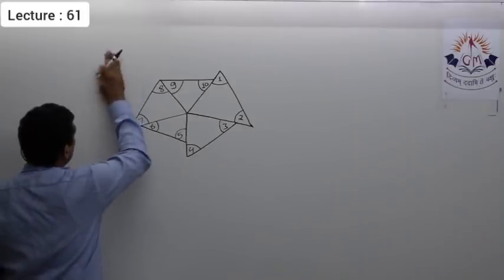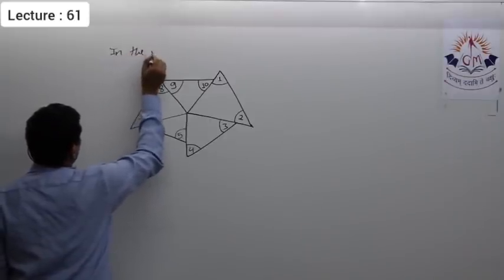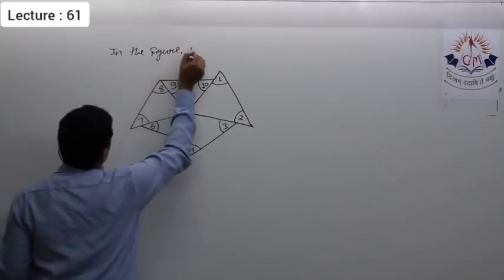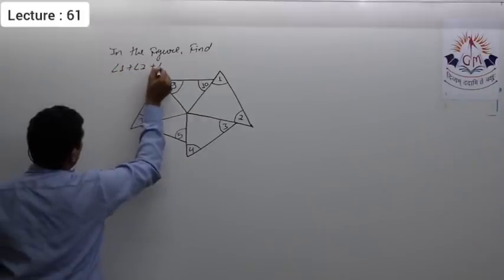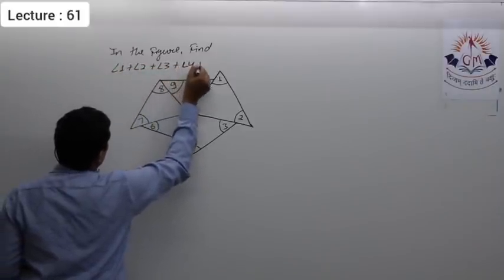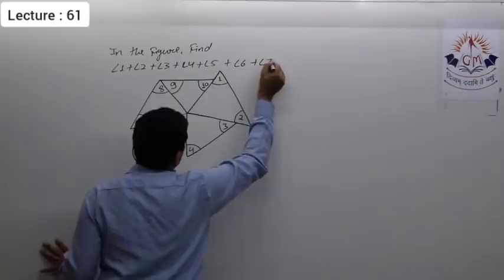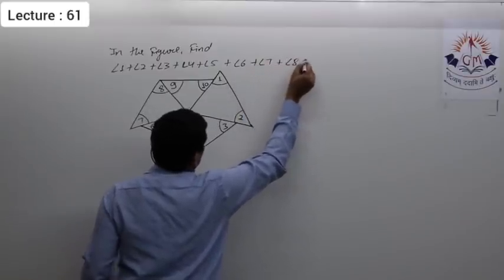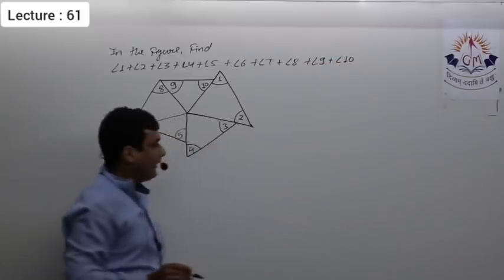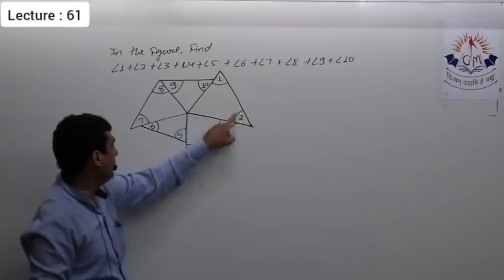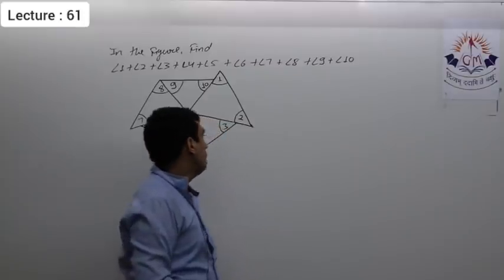In the figure, find angle 1 plus 2 plus 3 plus 4 plus 5 plus 6 plus angle 7 plus angle 8 plus angle 9 plus angle 10. You have to find the sum of all the angles 1, 2, 3, 4, 5, 6, 7, 8, 9, 10. Okay, so let us see how to find.